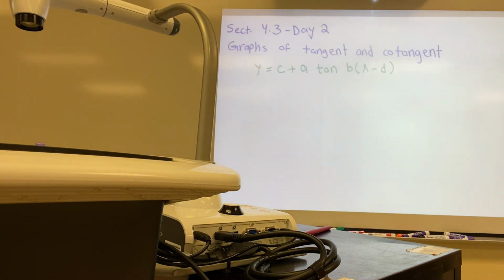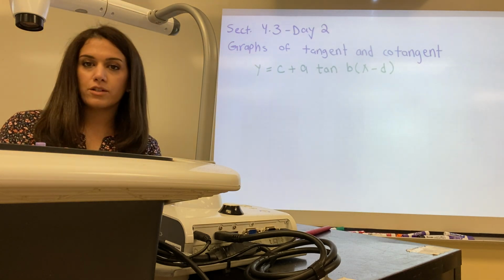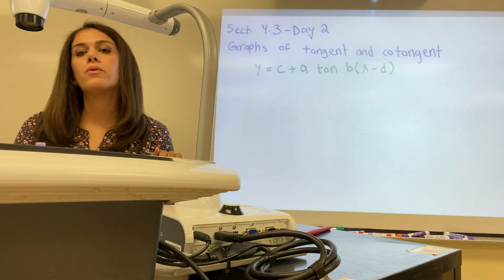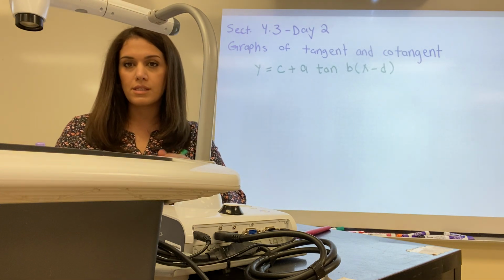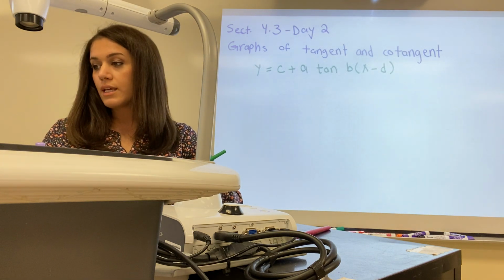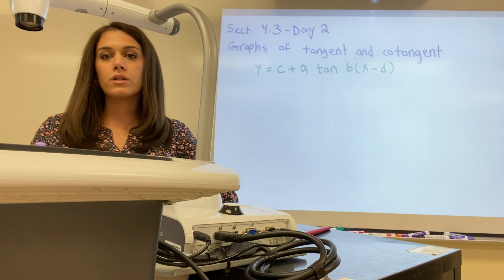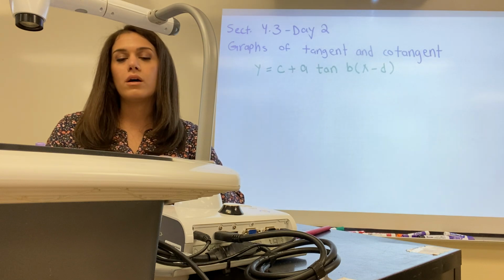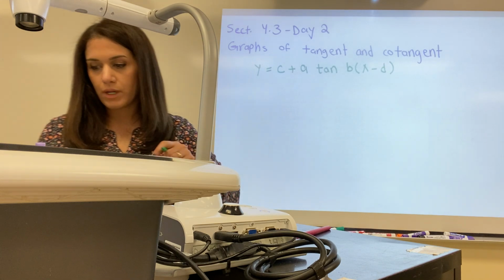Okay, to be able to graph tangent, let's look at the unit circle. So as you know, tangent is sine over cosine. So looking at the unit circle, we get the tangent function by dividing the y value by the x value, right?